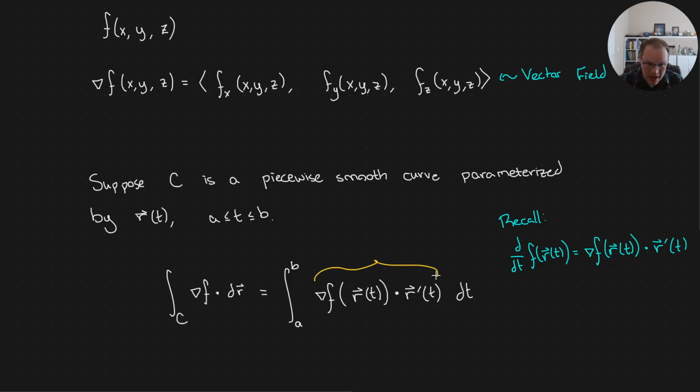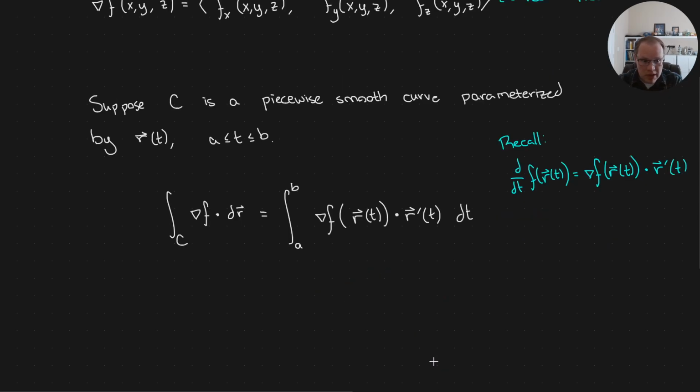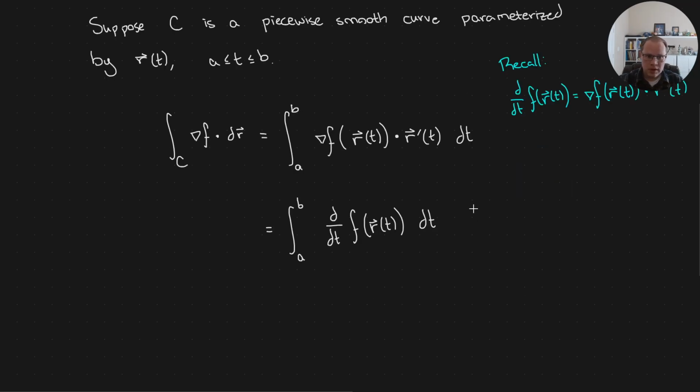That's exactly what we have here. Gradient of f at r of t dotted with r prime of t, which means we can swap this out. We can swap our integrand out with the derivative of f of r of t with respect to t, because they're exactly the same thing. Okay, so here we're just using the multivariable chain rule.